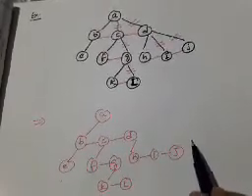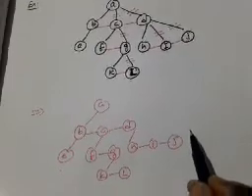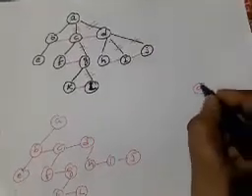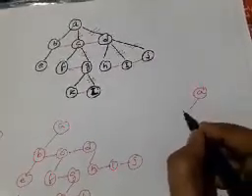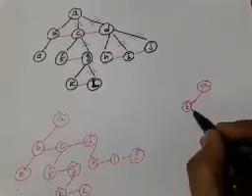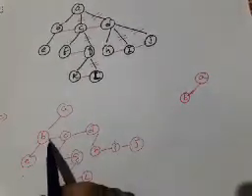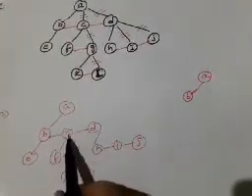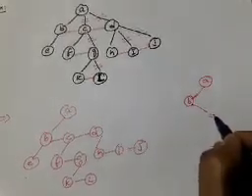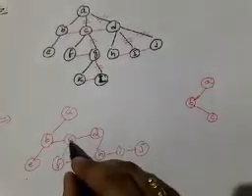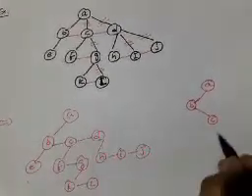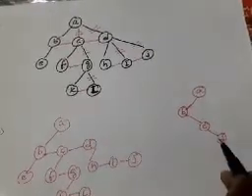Step 3 says you need to rotate the diagram 45 degrees. The simple way to do this is keep A as the root. The leftmost child will be on the left side and the siblings of B, which are C and D, will become the right child of B. So C is a sibling of B, so it becomes the right child. D is a sibling of C, so it becomes C's right child.